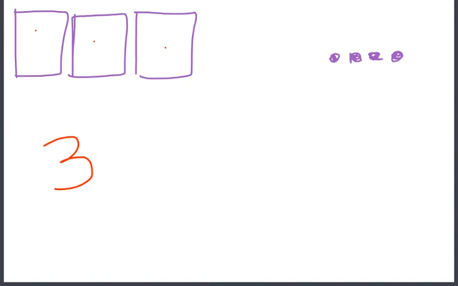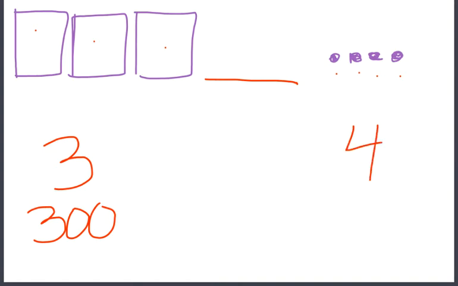All right, a 3. What is the value of the 3? 300. Are there any tens? No. There are no tens. What about ones? 1, 2, 3, 4. 4. What is the value of the 4? It's 4.